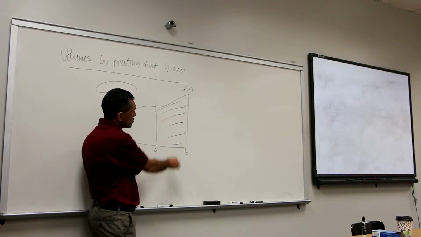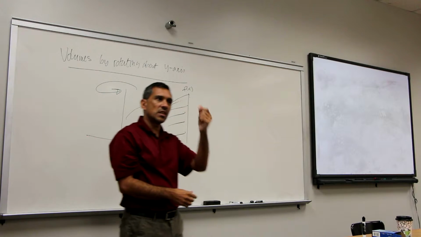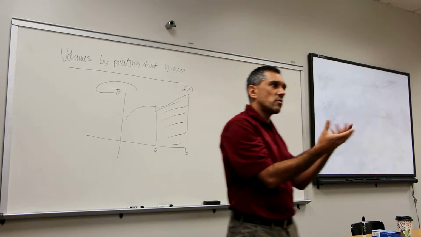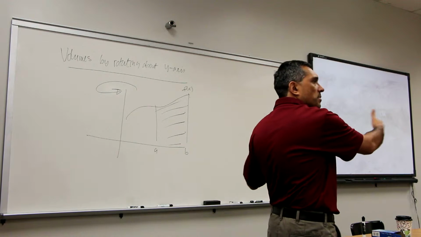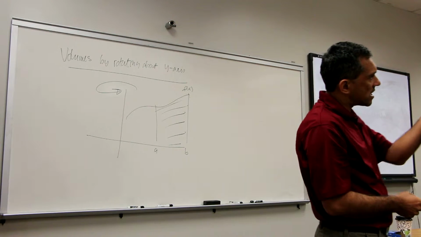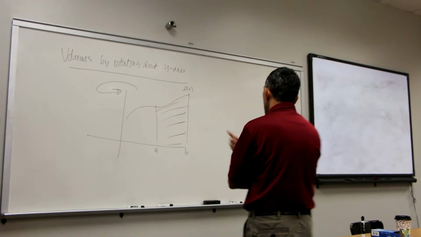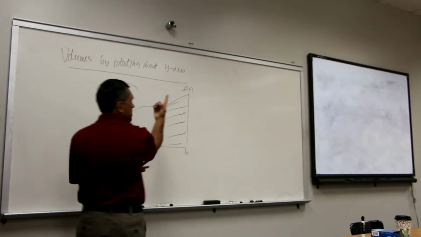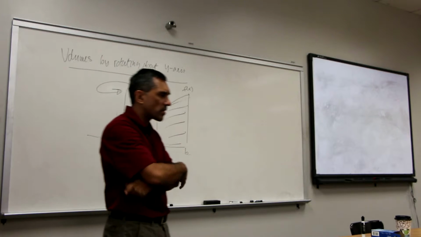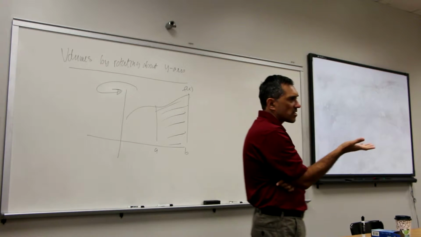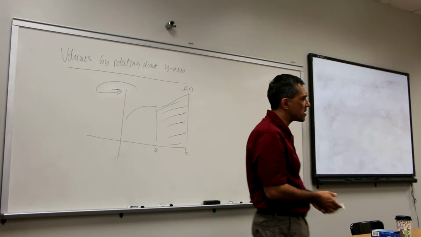And you take the slice and rotate it here. You pick up a disk, and then you find the volume of that disk, and then you add them all up. And then you take the limit as delta x goes to 0. Now when you rotate this thing about this axis, it's a lot different. You may think it's simple. In many ways it's very different.